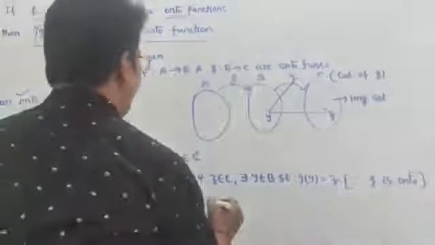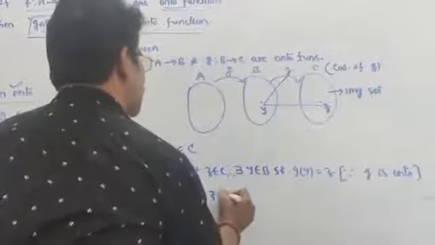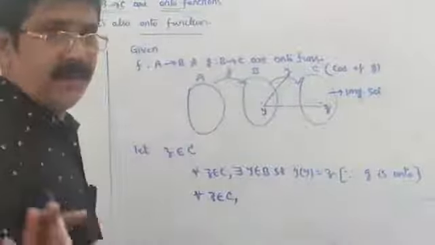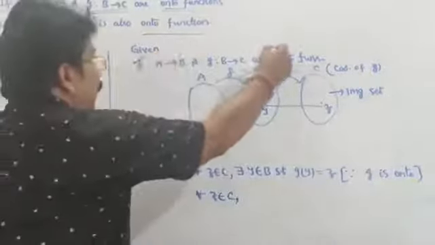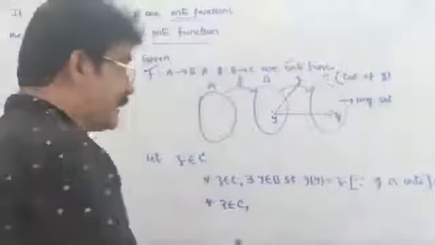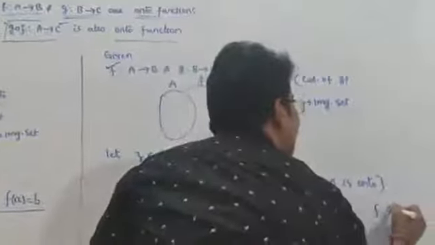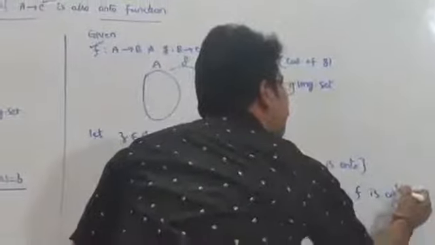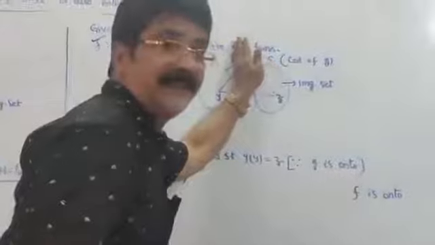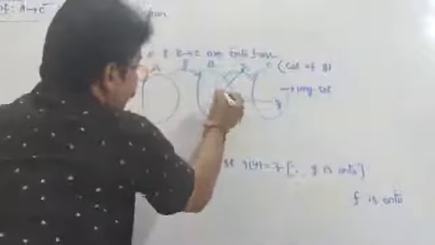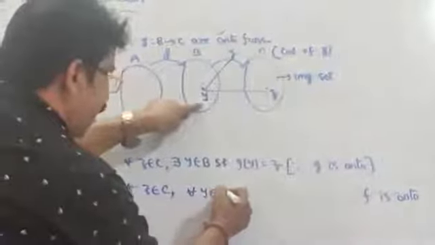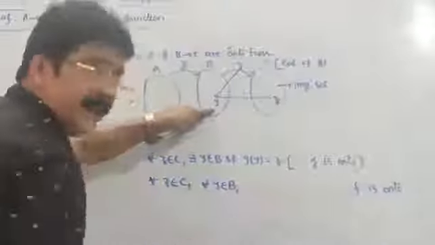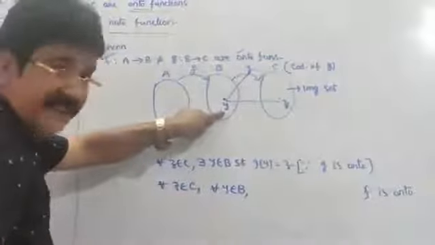So, for all z belongs to capital C. Next, F is also an onto function. F is onto function. Forget it. One element is here. So therefore, for all y belongs to capital B, it is the image.